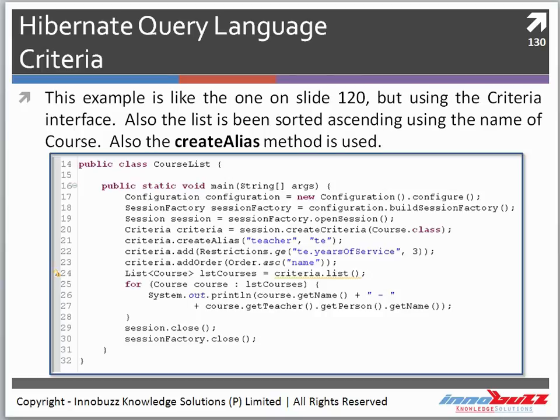The first parameter is the name of the attribute on the course entity, and the other is the alias. Then, on line 22, we're adding the restriction using the alias and the ge method, greater or equal. Also, on line 23, we're sorting the results using the name attribute and the asc ascending method of the Order class.